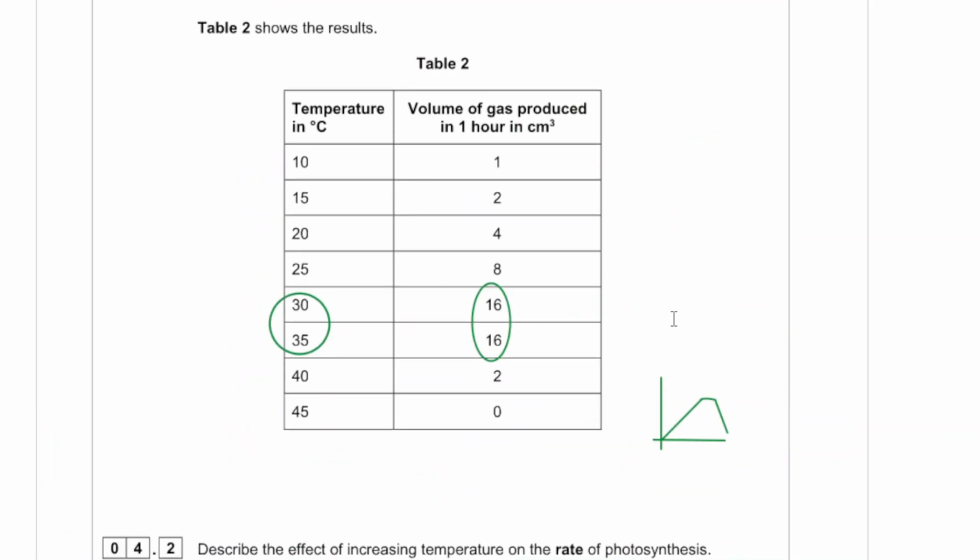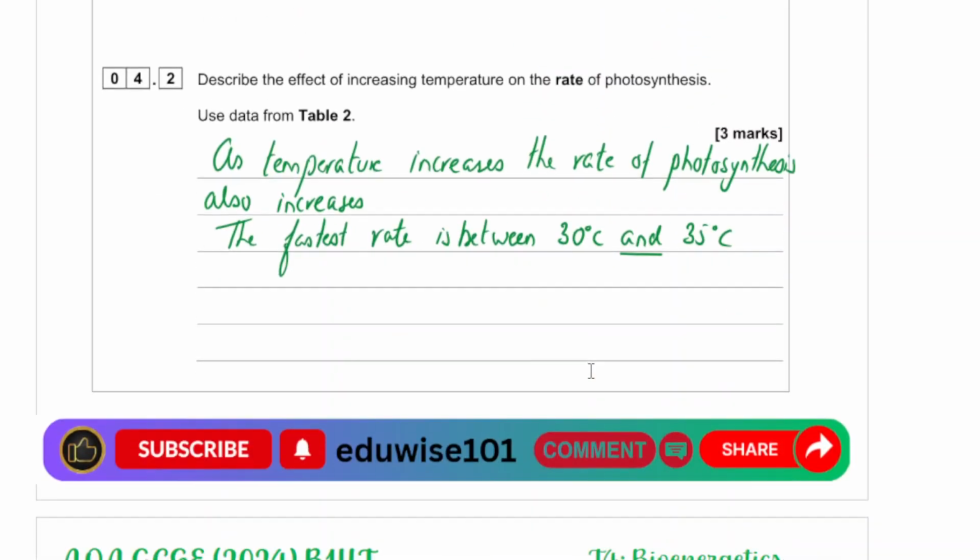So how does this increase? It's actually doubling, isn't it? So 1 goes to 2, 2 goes to 4, 4 goes to 8, 8 goes to 16. So it's doubling for every 5-degree increase. So up to 35 degrees Celsius, the rate doubles for every 5-degree increase.